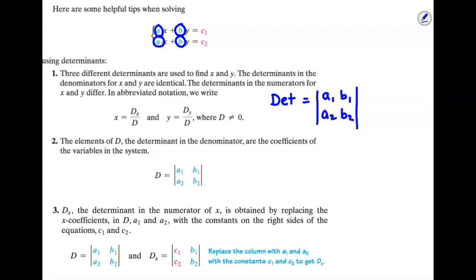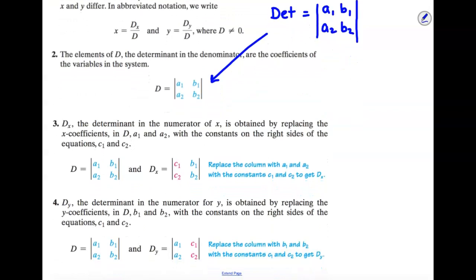Three different determinants are used to find x and y, so you'll do 3 steps. The determinants in the denominator for x and y are identical. In step 1, you just find the determinant here in the blue. The elements of D in the determinant are the coefficients.